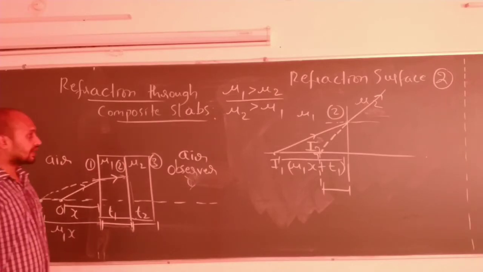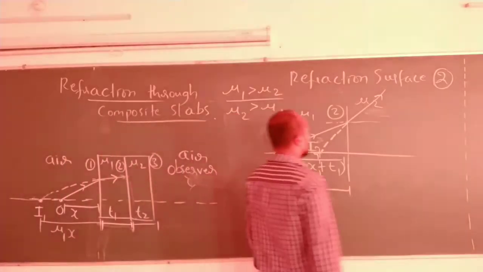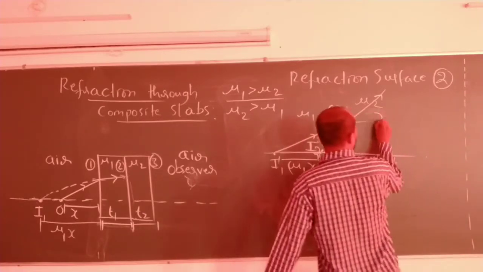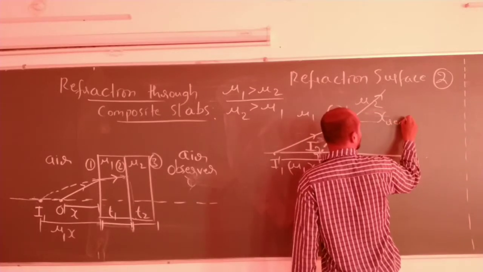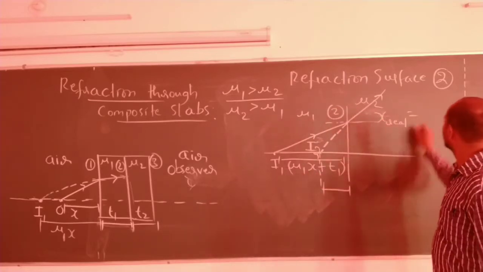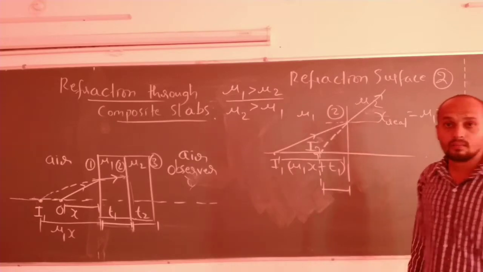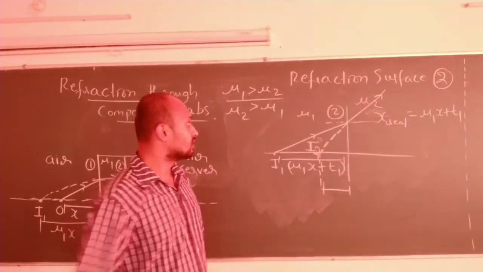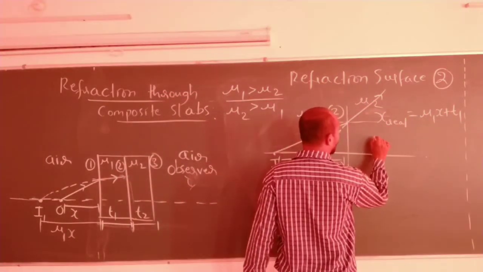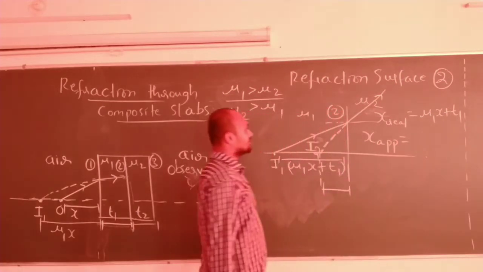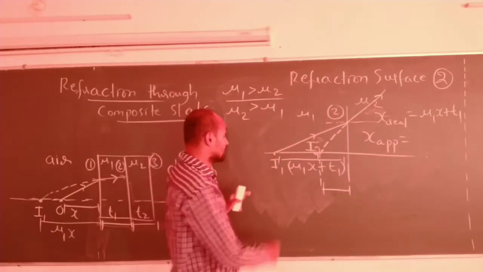Let us see. Now I2 image means here x real is mu1 into x plus T1. Now if you talk about x apparent here, how much will x apparent be? See here.